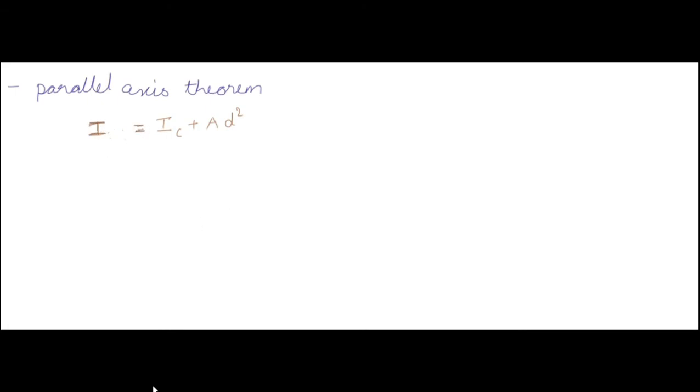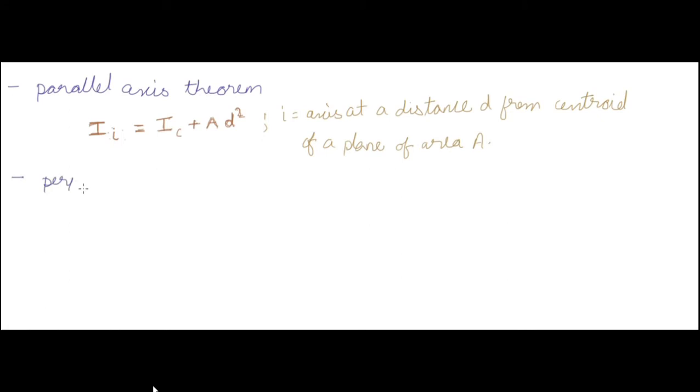In the parallel axis theorem, if you want to find the area moment of inertia about an axis which is at a distance d from the centroid of the plane and parallel to the neutral axis, then Ic is the moment of inertia about the centroid and I is the area moment of inertia about the axis which is at a distance d from the neutral axis or axis passing through the centroid.